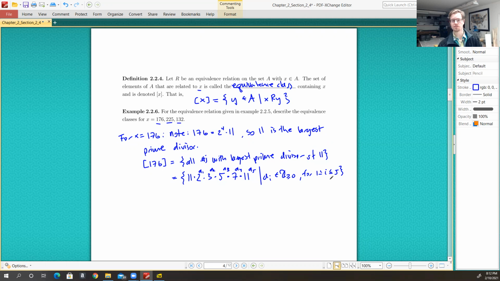So this is a description of the equivalence class containing 176. Excellent. So let's do the same thing for x equal to 225. Again, the first thing to note is what is its prime factorization? Well, this is 3 squared times 5 squared. So 5 is the largest prime divisor.